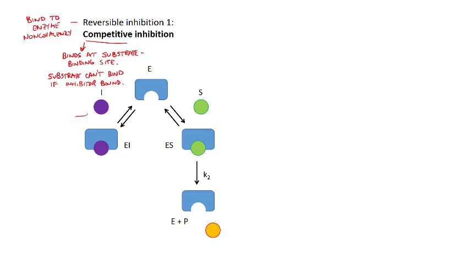So I tried to symbolize that by using color-coded spheres. So we've got our enzyme, our substrate is green, our inhibitor is purple. And when you have a free enzyme, either the inhibitor can bind or the substrate can bind. Now, once the substrate binds, the reaction can go normally. But if the inhibitor is bound, you have no reaction taking place. Now, both of these processes are reversible.